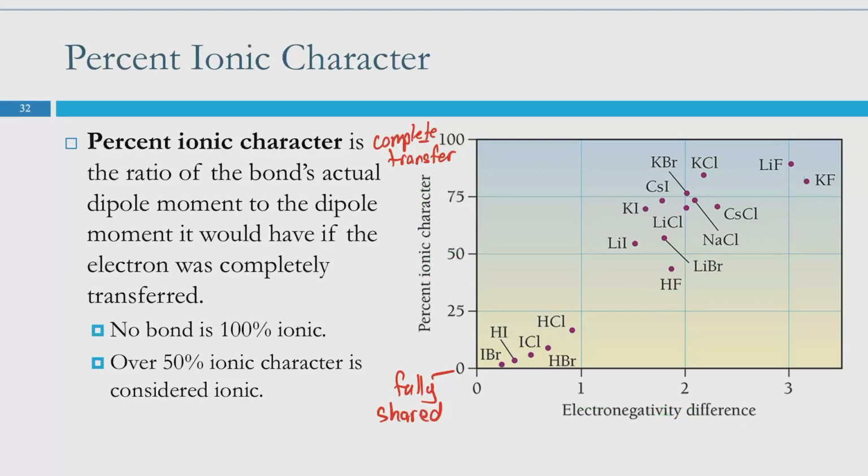We can see there's a rough correlation between increasing electronegativity difference and percent ionic character. It's not a correlation of 1, but if you squint, you could imagine a line that goes through there. And anything on this graph that's over 50% ionic character is considered ionic. So HF doesn't quite make the cut. We still consider that to be a polar covalent bond.